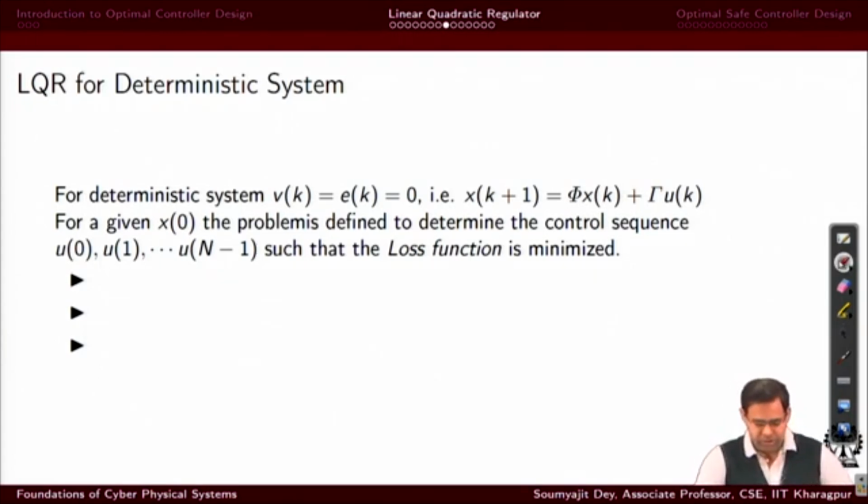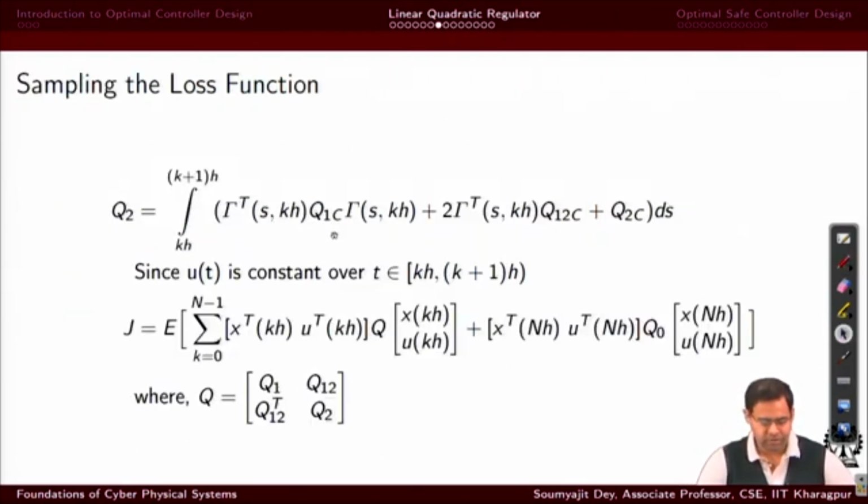Just to recall, we have already set up this cost function, which has a quadratic form over x and u, a summation over that, and finally the last state also appears as a quadratic term. Here we have all these components of q written down, like q1, q12, and we have already defined them earlier.